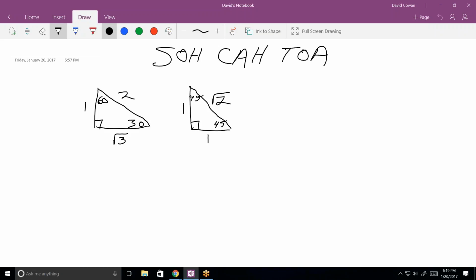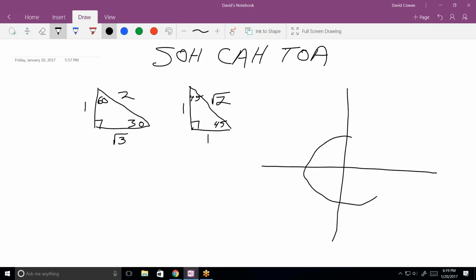When we get to the unit circle, the most important part of the unit circle is the first quadrant. Okay? In other words, this is 1, this is 2, this is 3, this is 4. Every other quadrant angle can be reduced to a first quadrant. Okay?